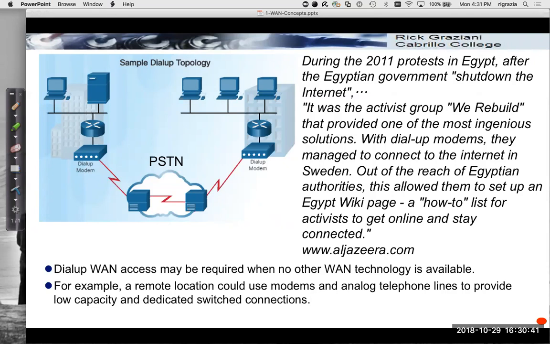And then they created a wiki page to help others figure out how to do this and how to access different parts of the internet and get information. So very ingenious. When all else fails, and if you still have a telephone connection, there are still places out there where you can connect to the internet via a dial-up modem.